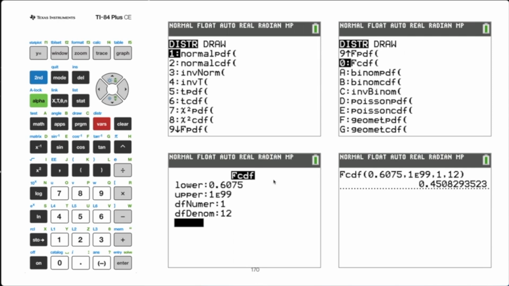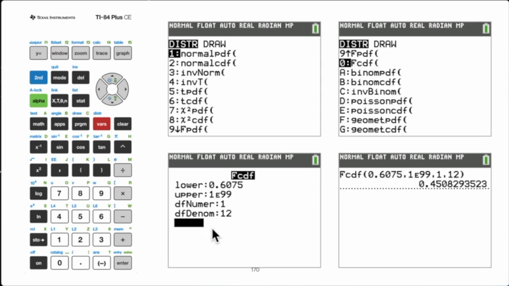For this particular example, the value of the test statistic was 0.6075 to 4 decimal places. We want to essentially integrate the PDF from 0.6075 up to infinity.